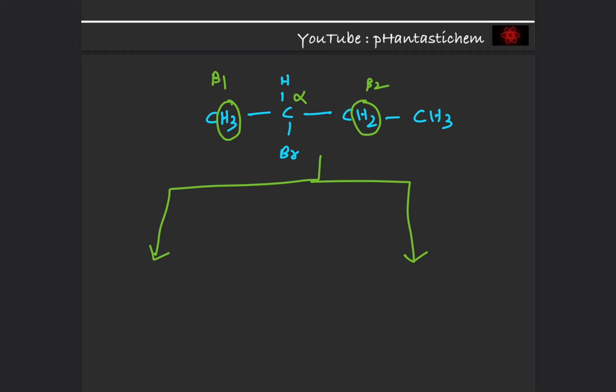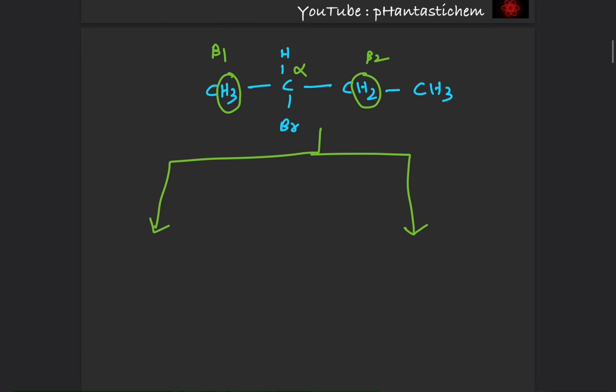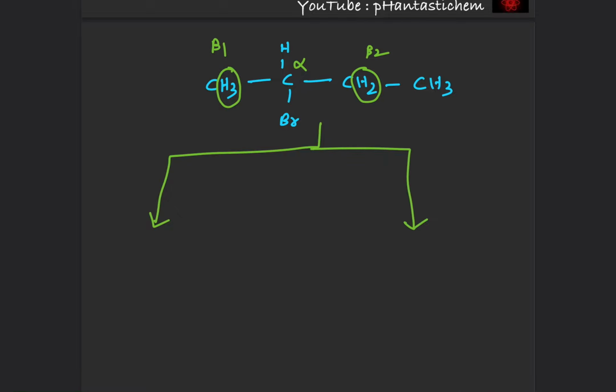Okay, so the first case is when beta 1 hydrogen goes out. So any one hydrogen from here goes out, and obviously bromine goes out from the alpha carbon. In that case, we will get this alkene CH2 double bond CH single bond CH2 CH3.